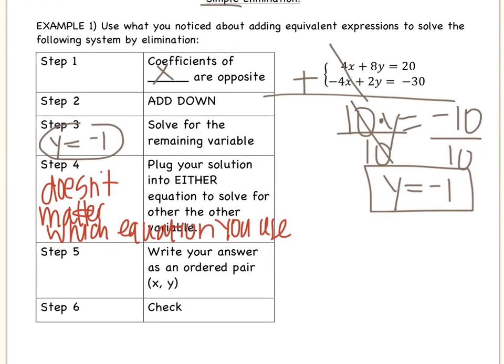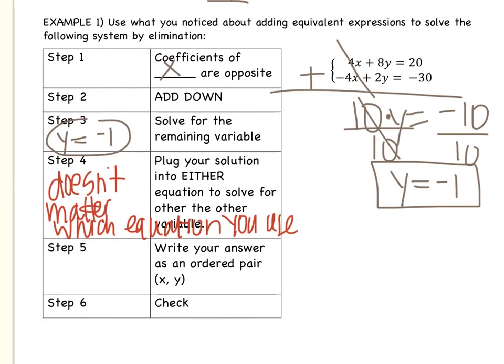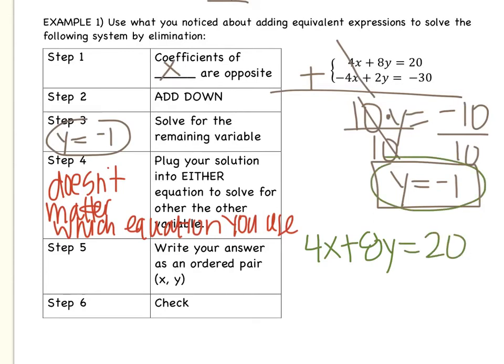Now I'm going to rewrite my equation: 4x plus 8y equals 20. And now when I rewrite it, I'm going to substitute. I'm going to put negative 1 in place of y. So I still have 4x plus 8 times negative 1 equals 20.